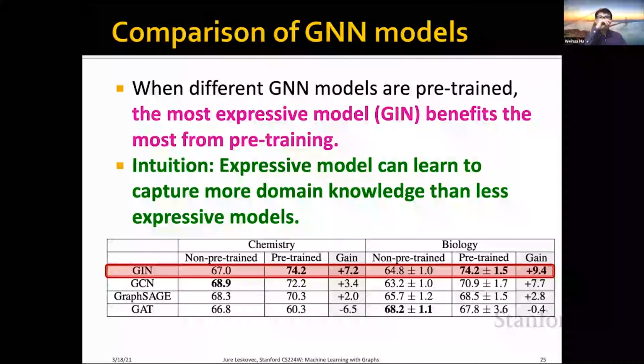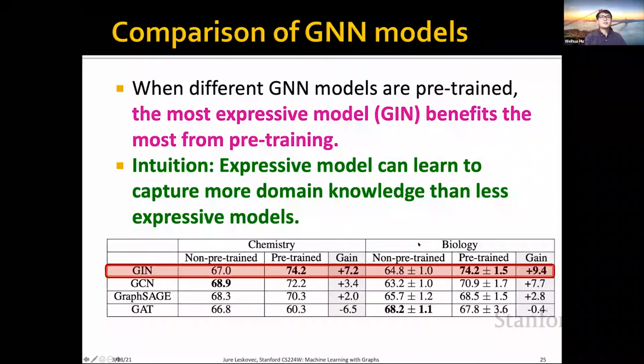And also another interesting side note is that we fixed the pre-training strategy and used different GNN models for pre-training. And what we found out is that the most expressive GNN model, namely GIN, that we learned in the lecture, benefits most from pre-training.